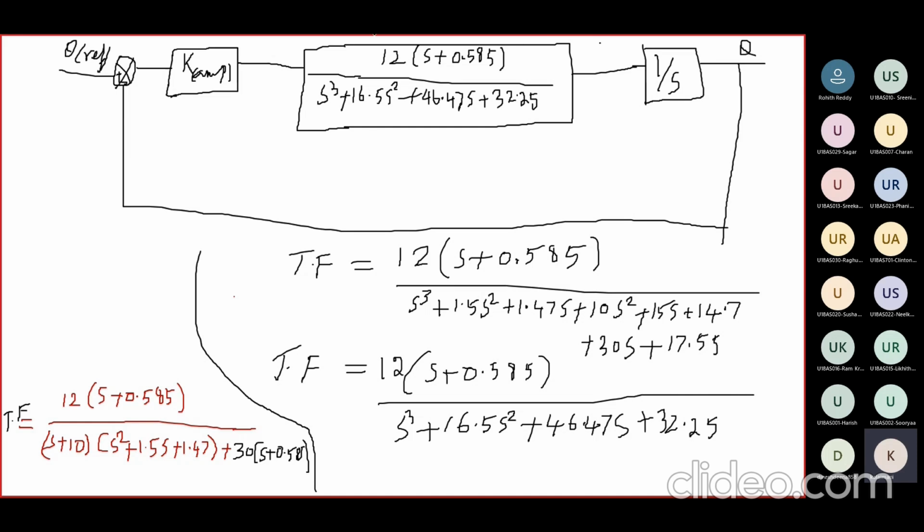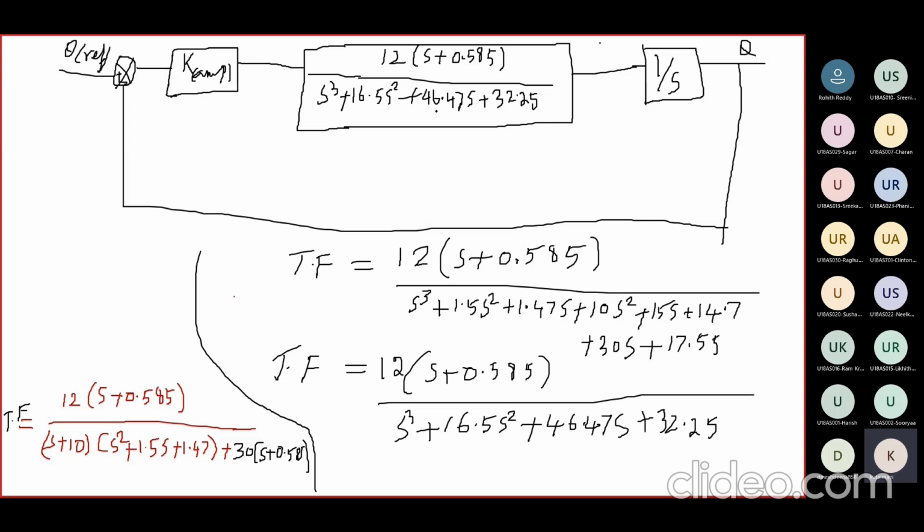Now it is your outer loop of your jet transport aircraft autopilot system. Okay, so here these two blocks are again multiplied, then 1 by s into this whole thing, then again we will get 12 into s plus 0.585.